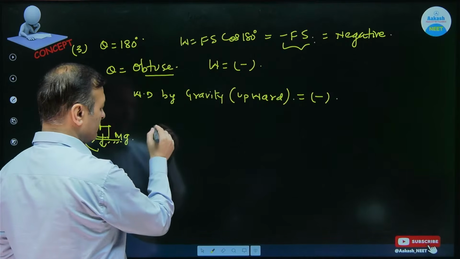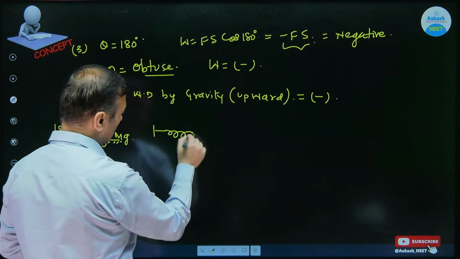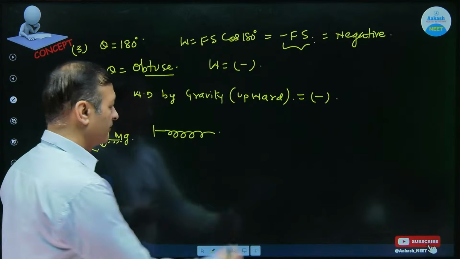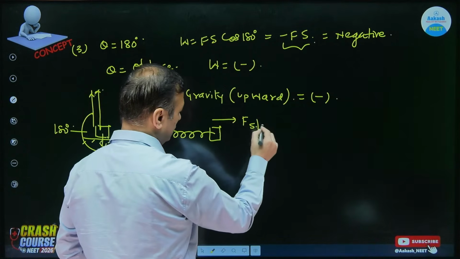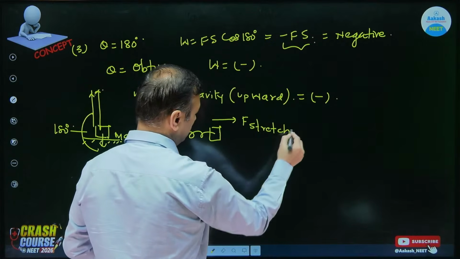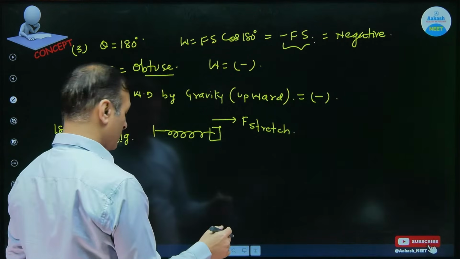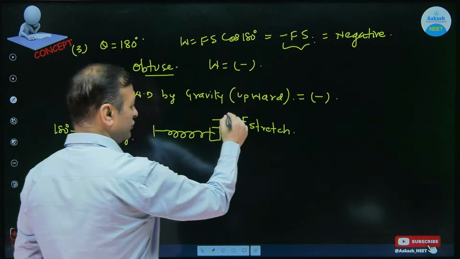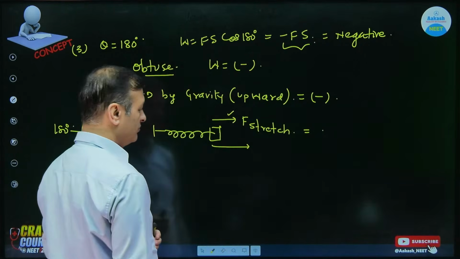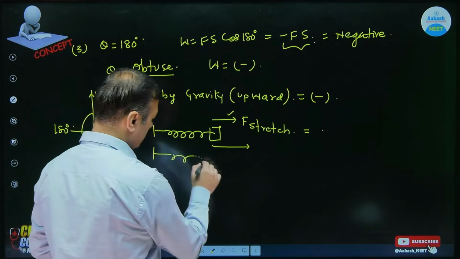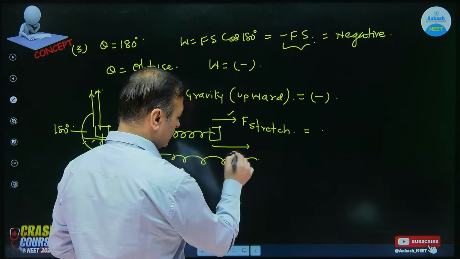Let's take one more example. Let's suppose we have a spring and you stretch the spring, right? So work done by the stretching force, because displacement is also in the same direction. So the spring gets elongated. So this is the displacement.